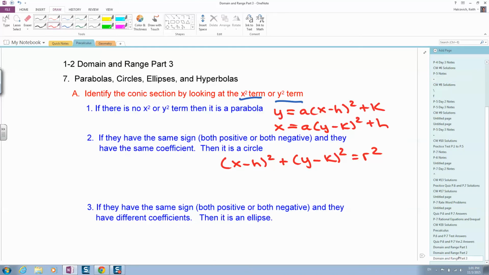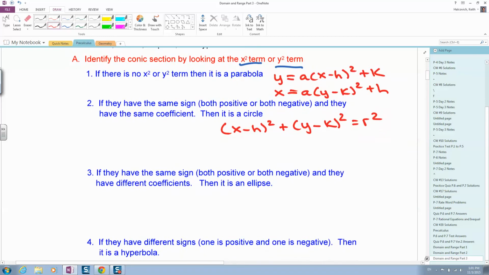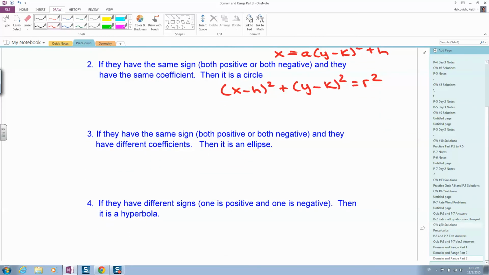If they have the same sign, both positive or both negative, and they have different coefficients, then it is an ellipse. So x minus h squared over a squared plus y minus k squared over b squared equals 1.